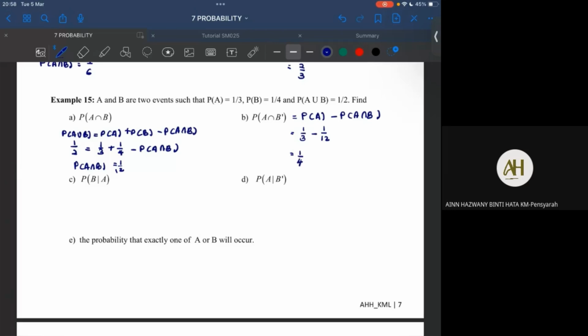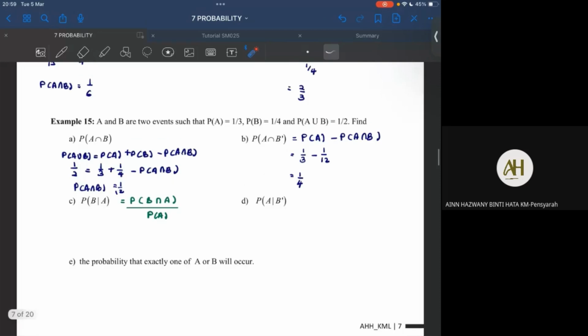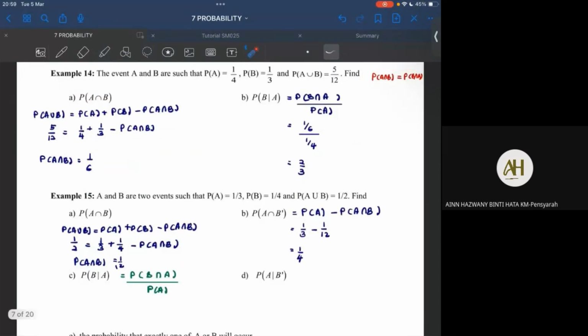Okay, now soalan C dengan D ialah conditional event kita. So formula. Atas intersect. So ikut je susunan yang dia bagi. Dia nak P(B given A), so B intersect A. Bawah ialah apa yang ada dekat belakang. P(A). Okay, so hati-hati walaupun tadi saya cakap P(A intersect B), P(B intersect A) ialah benda yang sama.